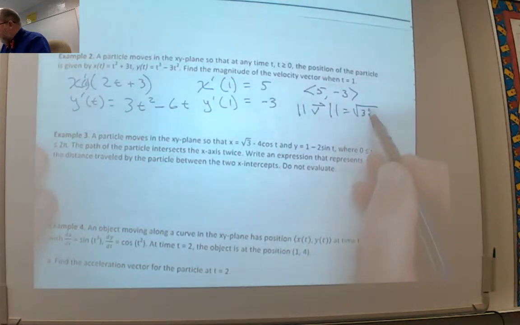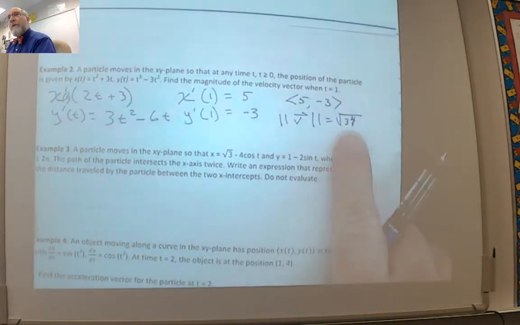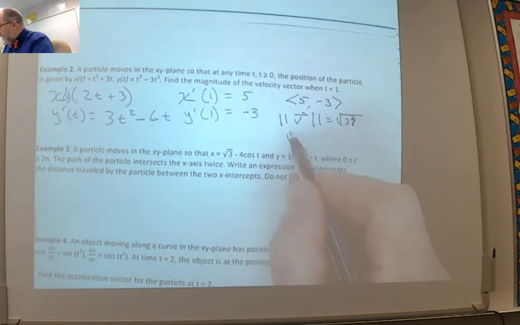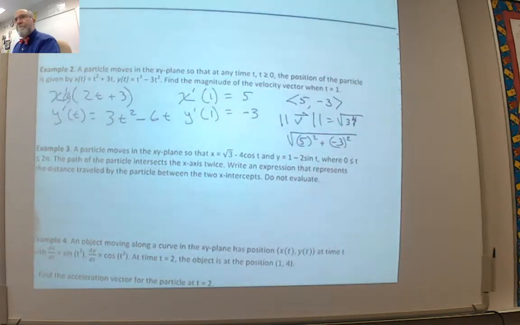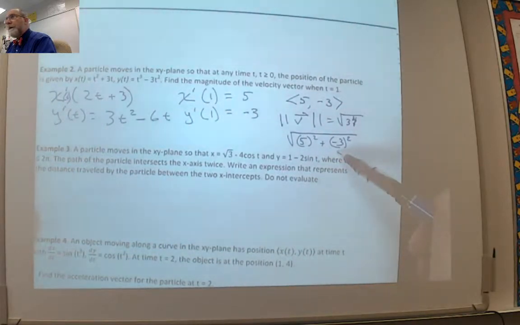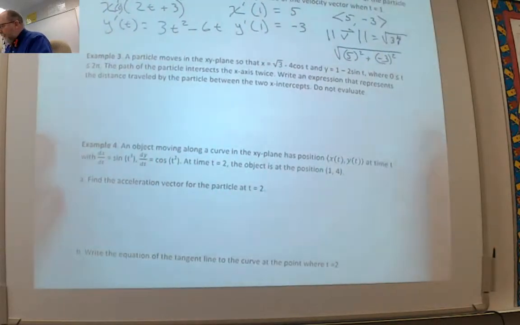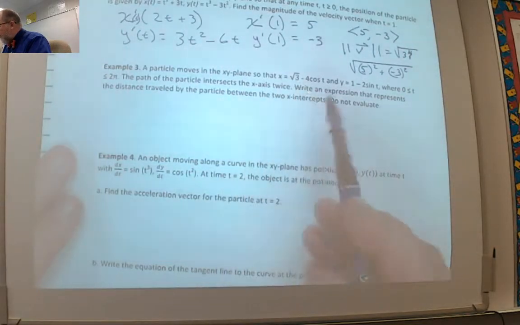Yeah. So that's your length, the square root of 34. So it's going to be the square root of 5 squared plus negative 3 squared. Are you okay going from here to here? Okay.